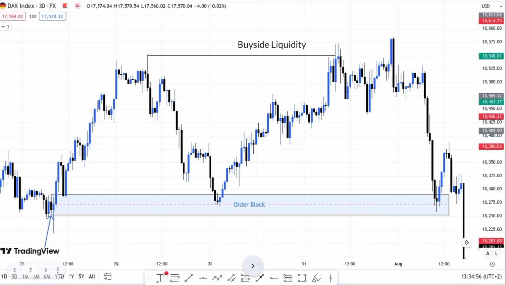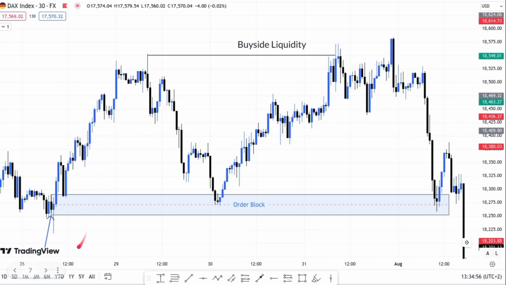Let's move on. As you can see, the last candlestick before the move to the upside, the black one, must be the last bearish candlestick before the bullish move to the upside. So the bearish candlestick becomes our order block, not the bullish candlestick, because that was the last candlestick before the entire move up.